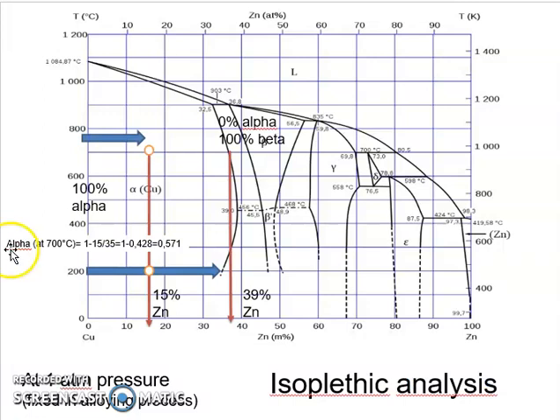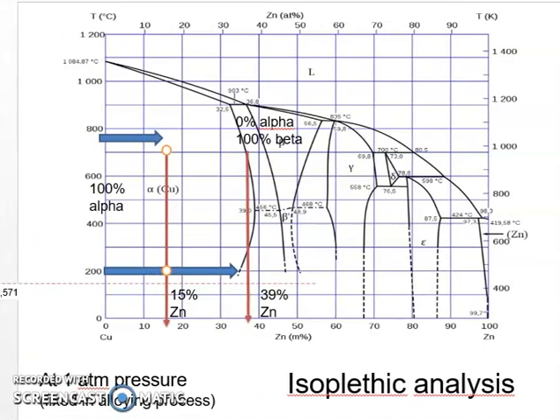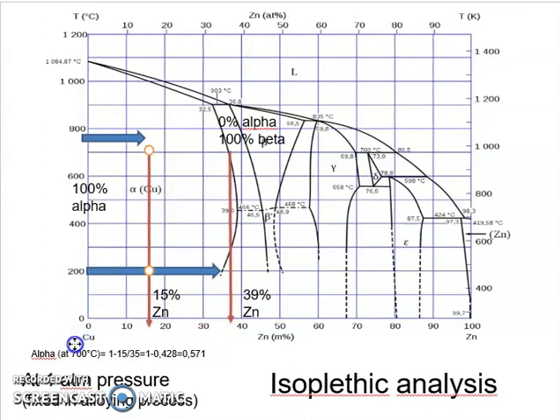For example, here. The question could be how much alpha phase exists here at the orange ball, and the isoplethic path is the total solidification pathway.